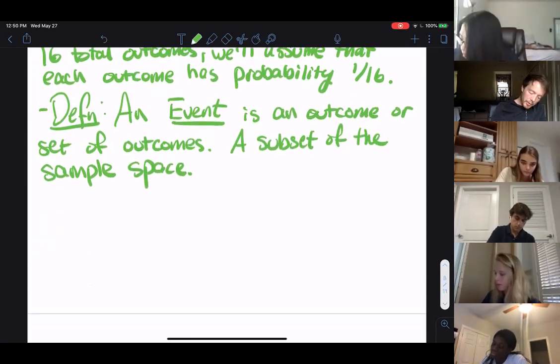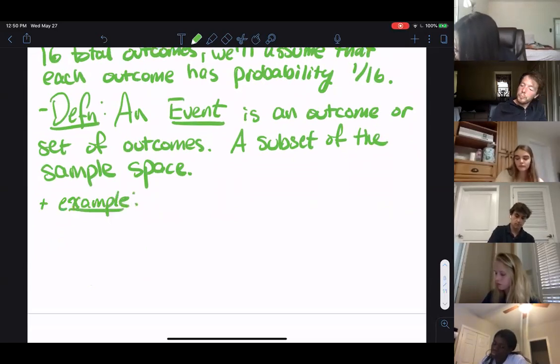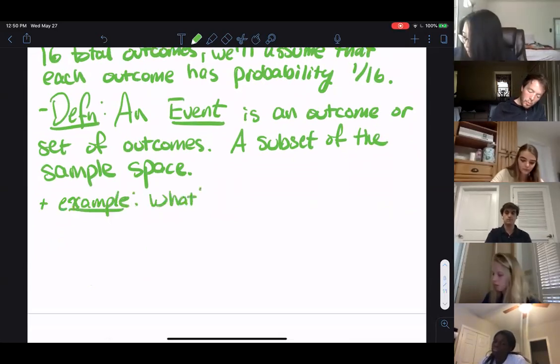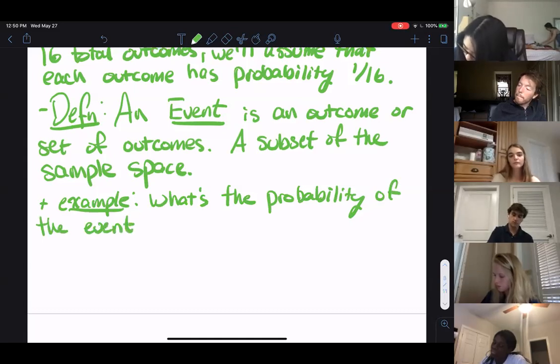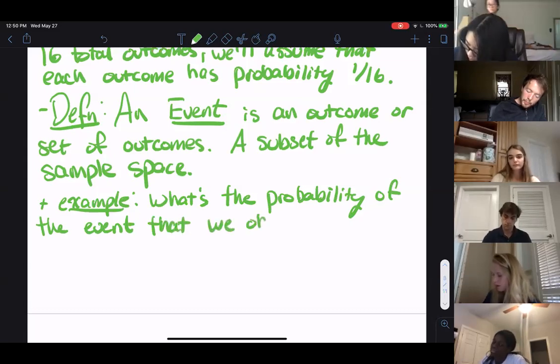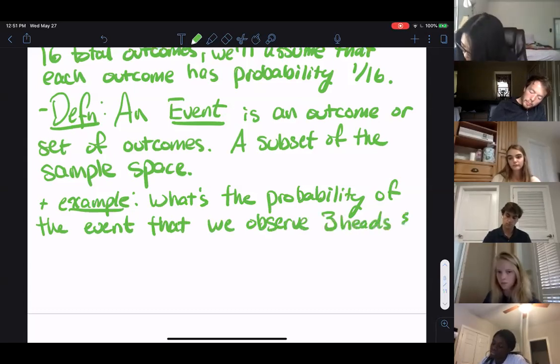So I'll motivate this with an example. What's the probability of the event that we observe three heads and one tail in any order?